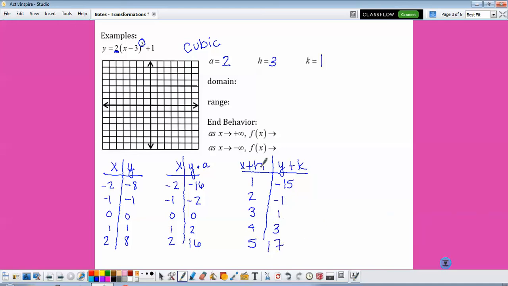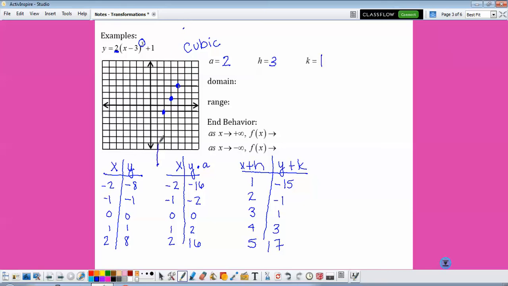Now, obviously, -15 and 17 are way bigger than our graph will fit, and that's fine. So 1, -15, somewhere down here. 2, -1, 3, 1, 4, 3, and 5, 17 would be someplace up here.